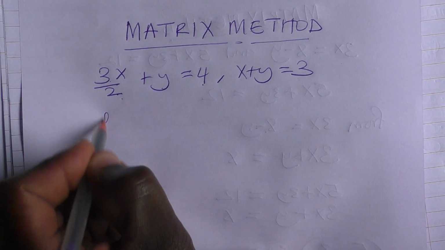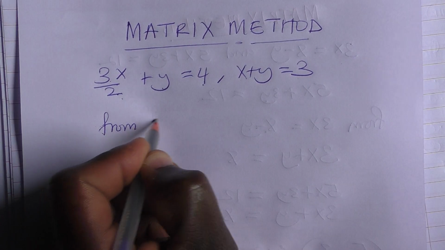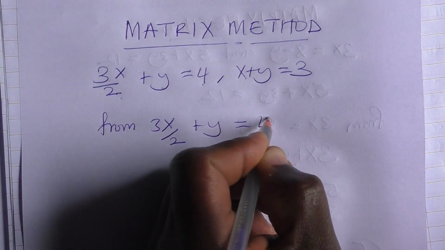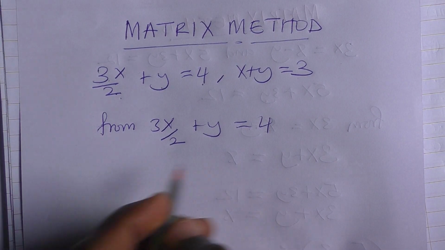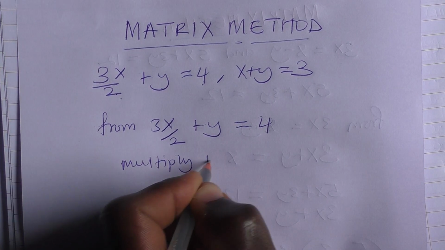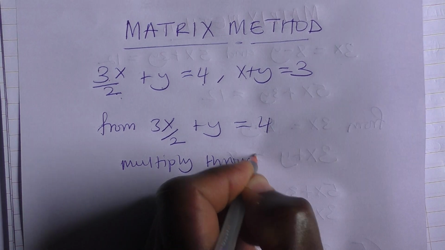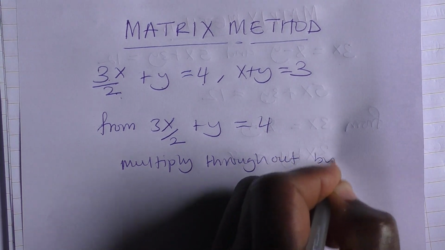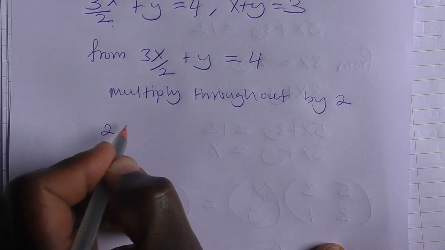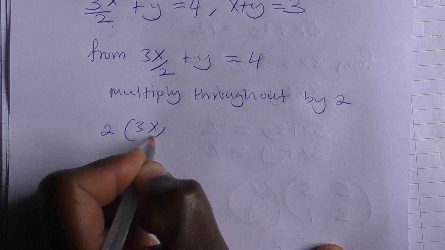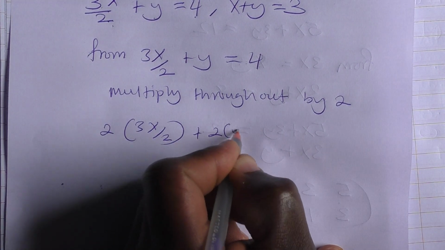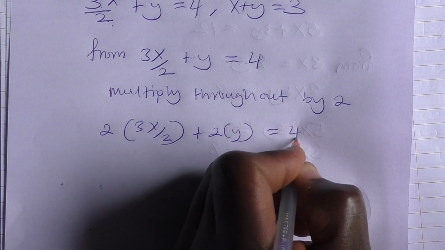That is, from 3x over 2 plus y equaling 4, we can decide to multiply throughout by 2 so that we get 2 into 3x over 2 plus 2 into y equaling 4 into 2.